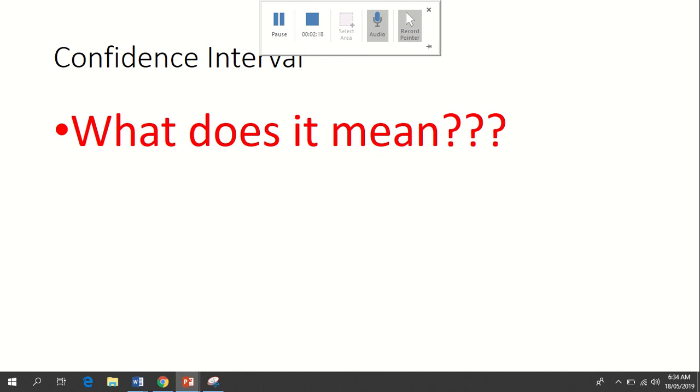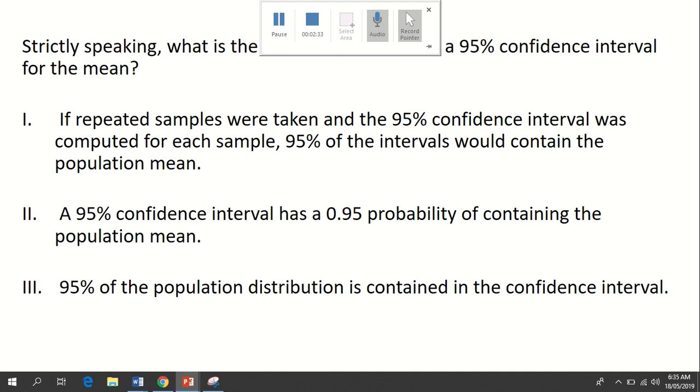So the bigger the confidence level, the more chance that it will be a representation of the population mean. To summarize, a 95% confidence interval has a 0.95 probability of containing the population mean.